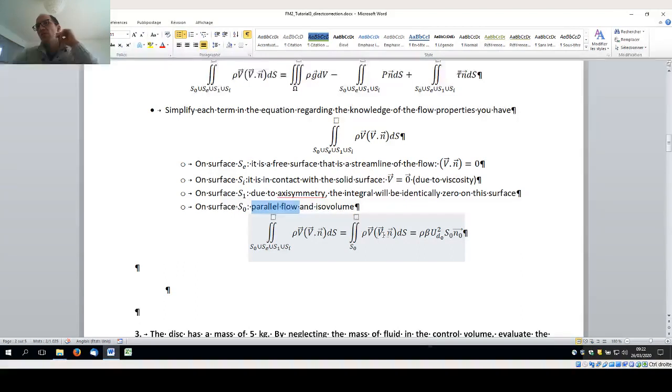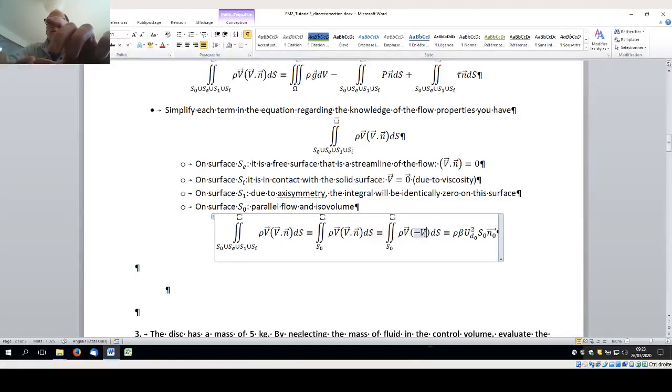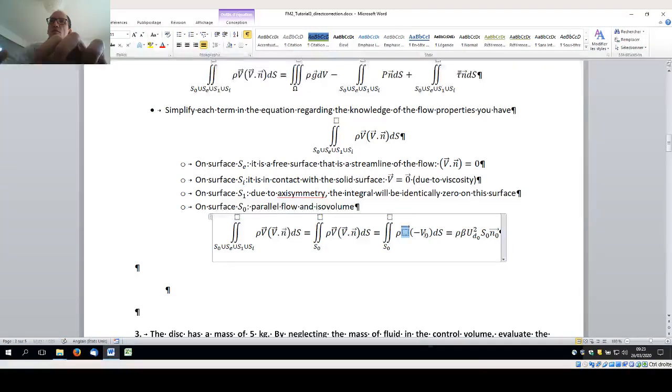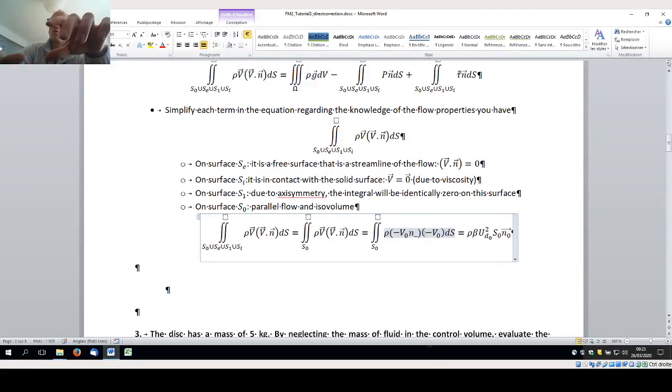So since it's parallel flow, v scalar n is minus v, and the velocity is also minus v, so directed along the normal n0 if we want to decompose it.